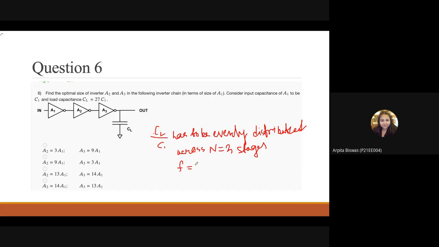It equals the nth root of CL by C1. Here it is 27 and n is 3, so f equals 3. How do we find A2? A2 equals f into A1, so A2 equals 3A1.